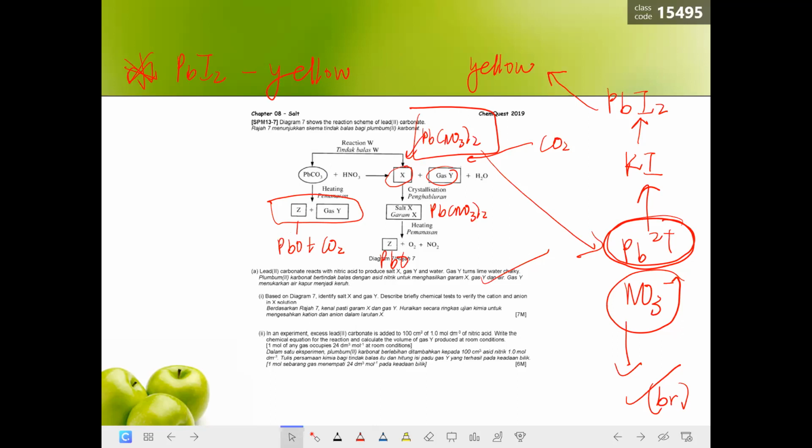From yellow solid, then colorless, then yellow solid. Very good. When I heat it up, the precipitate dissolves. I got nothing left. But when I cool it again, it becomes a yellow precipitate one more time.